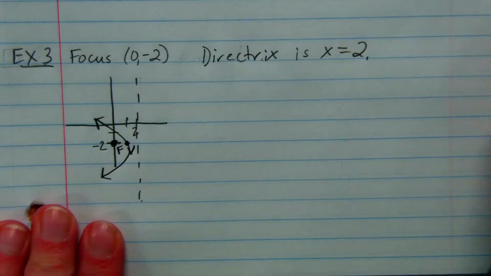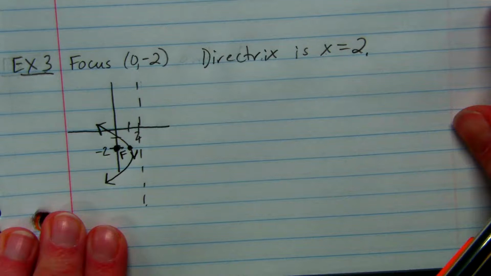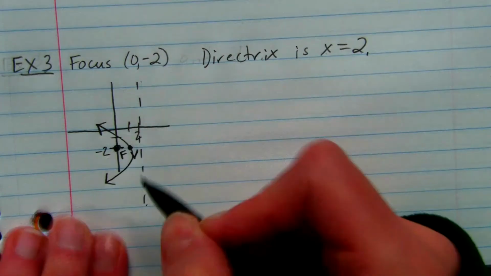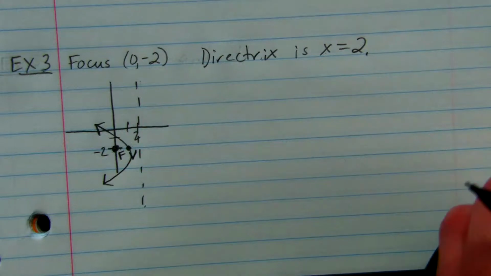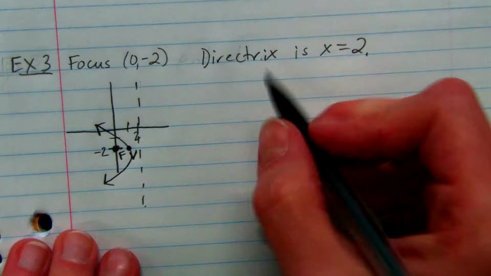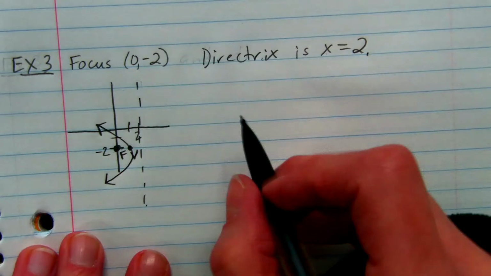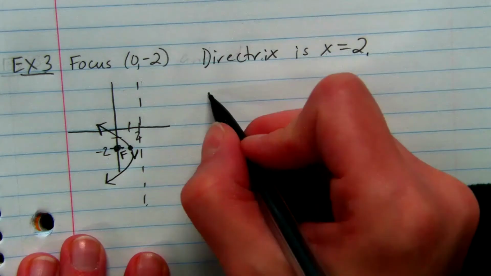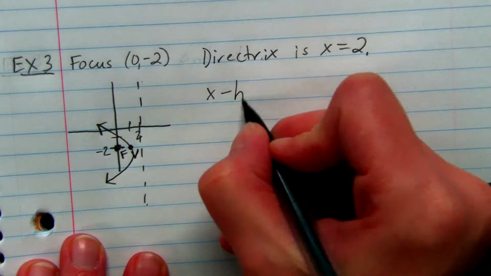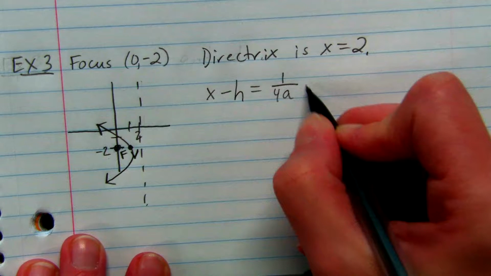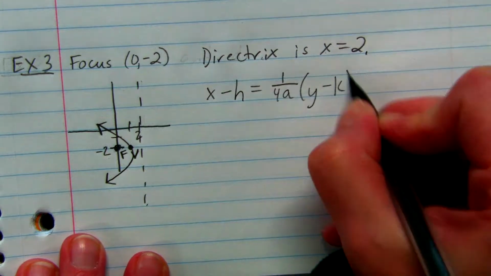And so our equation would look a little different this time. Since it's opening left, if you're doing left or right, the x and y values switch. Your domain and range completely switch, and it no longer is a function, it would not pass the vertical line test. So I would have x minus h equals 1 over 4a, and then y minus k squared.